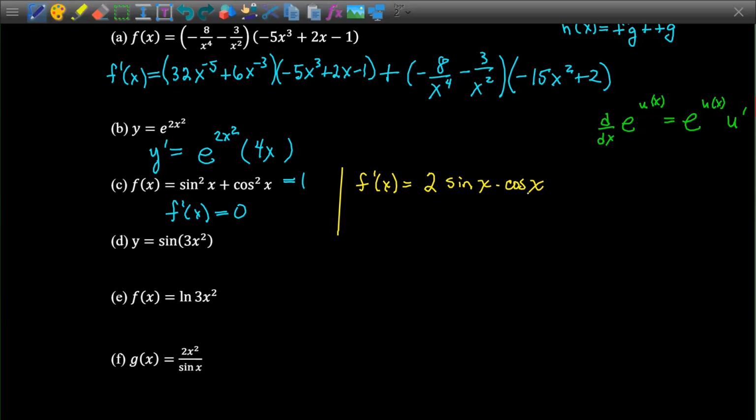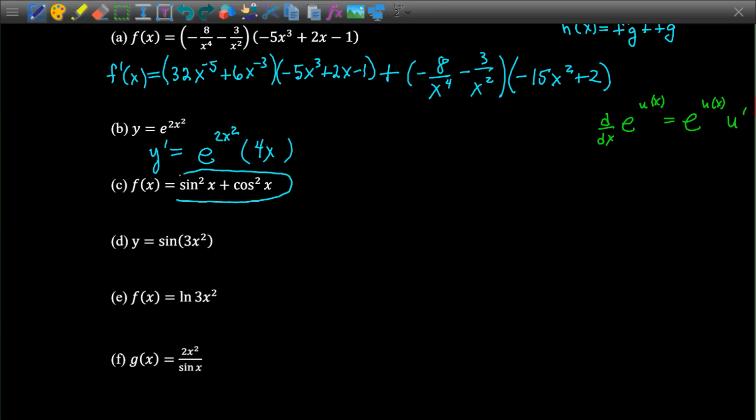All right. C, there's two ways you could do this. You could do it the hard way, or you could do it the really, really easy way. If you don't know any other trig identities other than the real basic ones, memorize this one: sine squared plus cosine squared is always equal to 1.